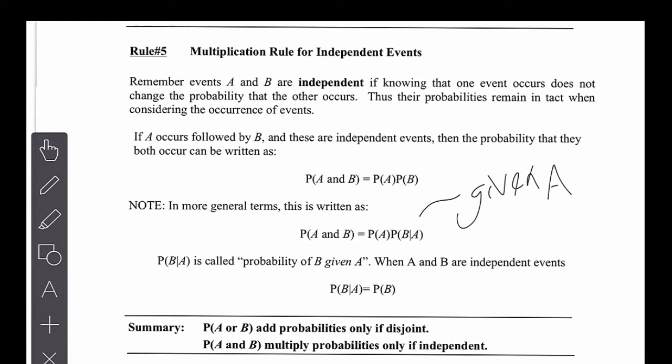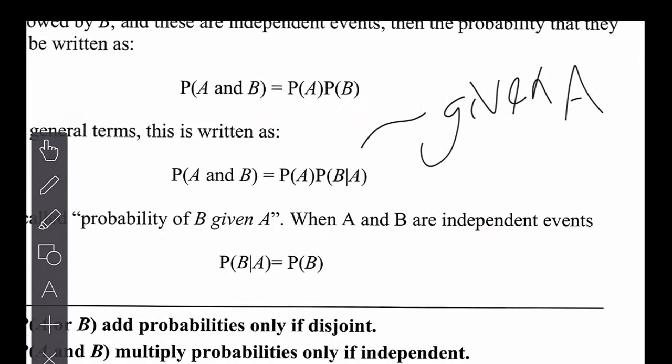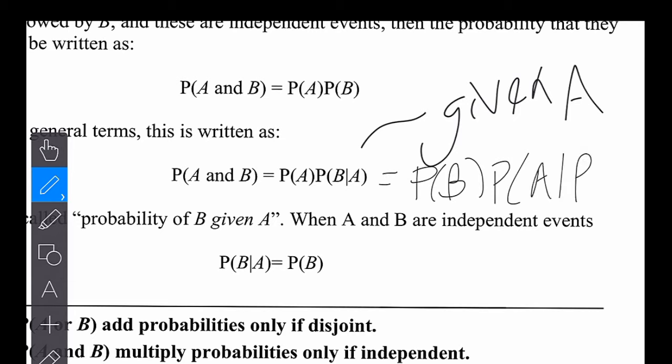So anyway, this would be the same as if you were to take B first, so the other event, and multiply it by the probability of A given that B happened.